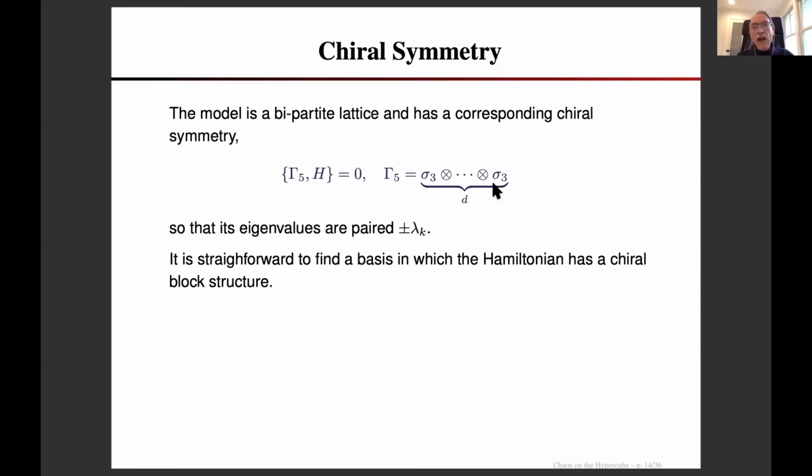So gamma 5 is the tensor product of sigma 3 matrices, which is really the gamma 5 of the gamma matrices. And this implies that all eigenvalues are paired plus or minus lambda. And you can also easily find a basis where the Hamiltonian explicitly has the chiral block structure.